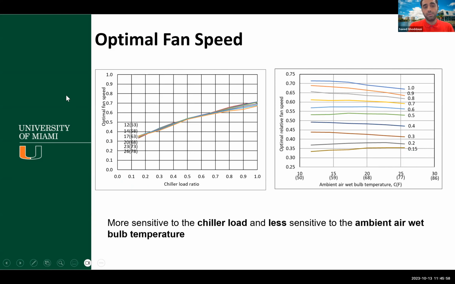Okay, based on the result, we can see that the optimal fan speed is very sensitive to the chiller load, and less sensitive to the ambient air wet bulb temperature.